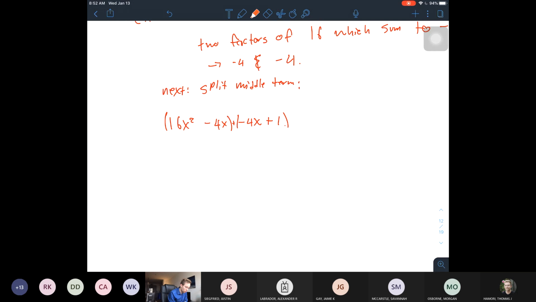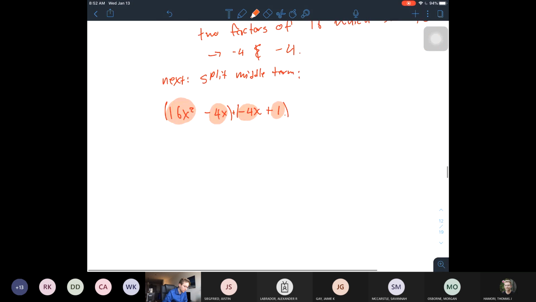We think that this is going to work because we can see that 16 is 4 times 4. Well, it's -4 times -4. And we have that -4 here is going to be -4 times 1 here. So we kind of see that these things have a similar kind of ratio between the two terms here. And that's really what we're looking for here.